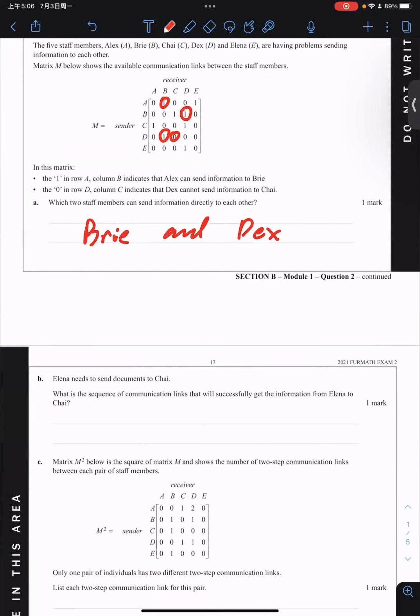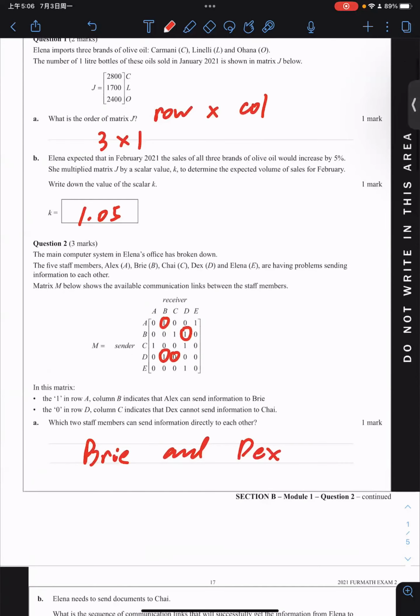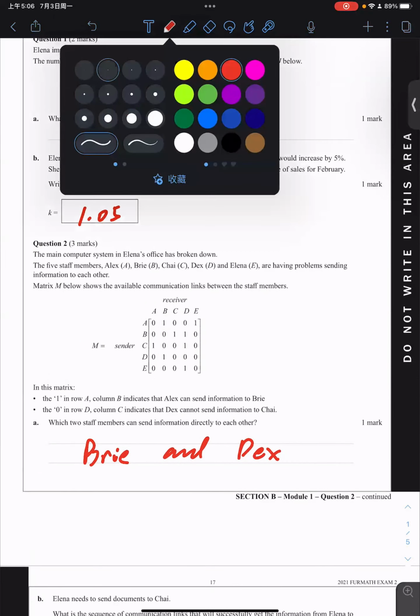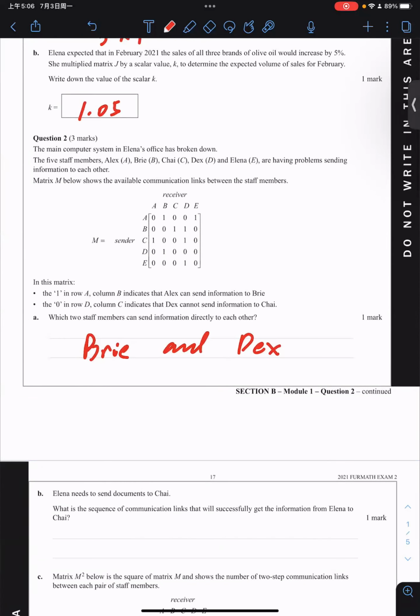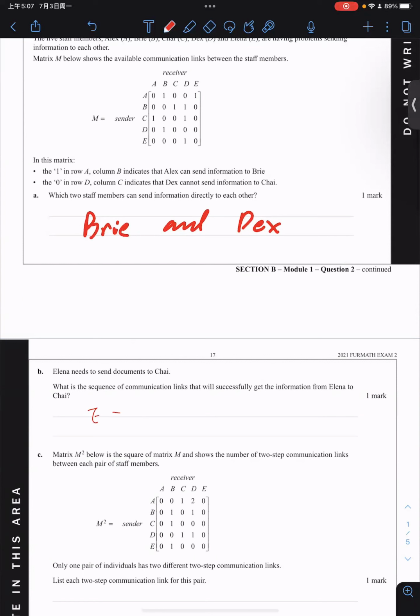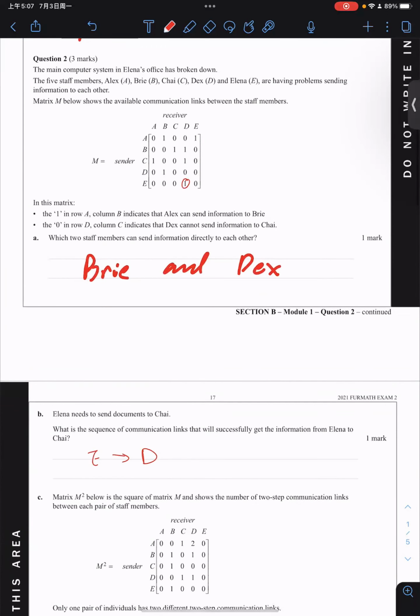B. Elena needs to send documents to Chai. What is the sequence of communication links that will successfully get the information from Elena to Chai? Let's read this matrix again. From Elena to Chai is a 0, so we cannot send information directly. We need another way, a round trip. From sender E, we can start from E and go to D. That is the first step.